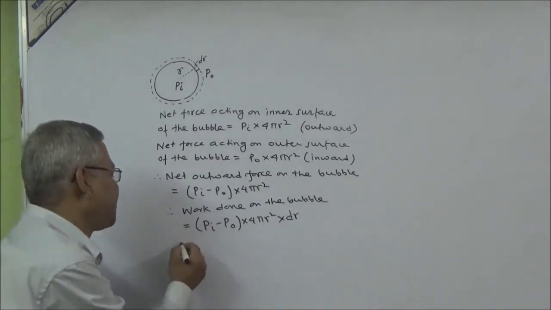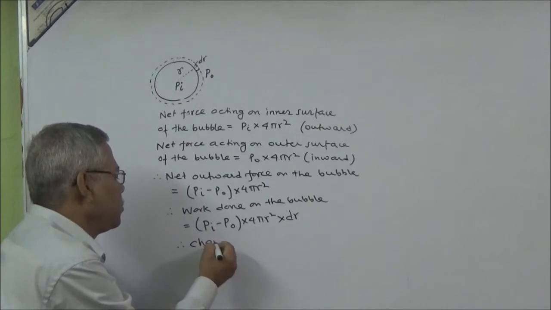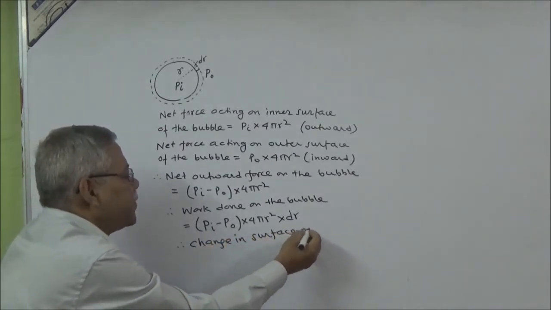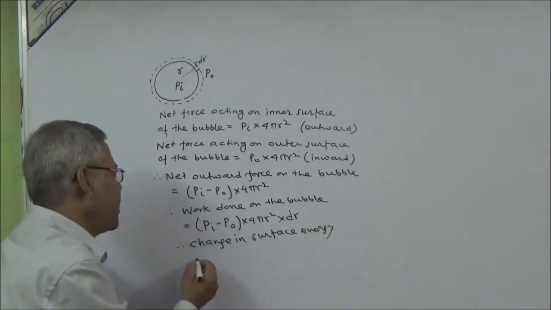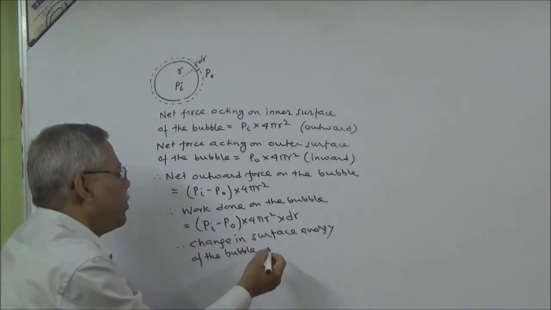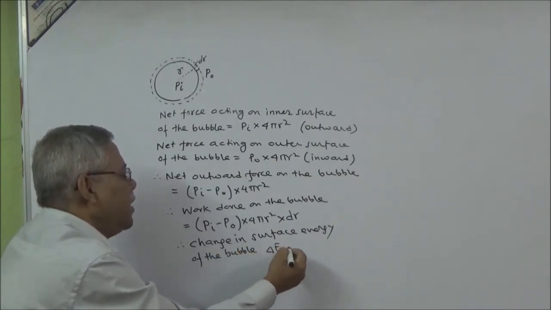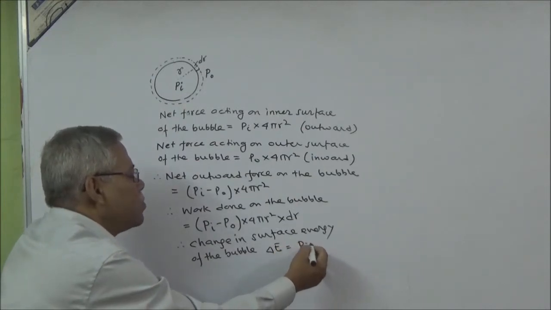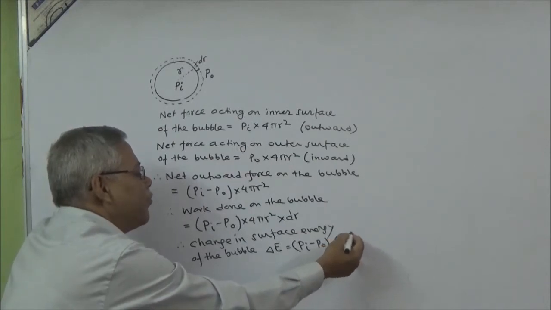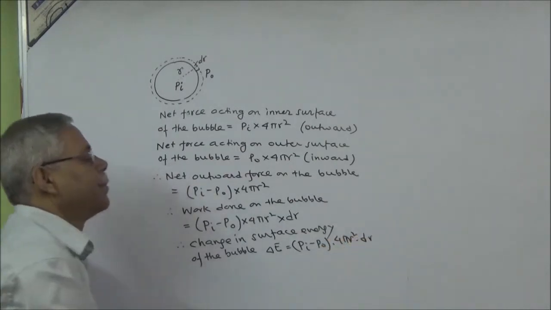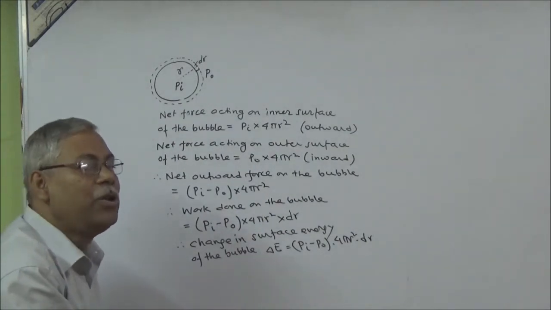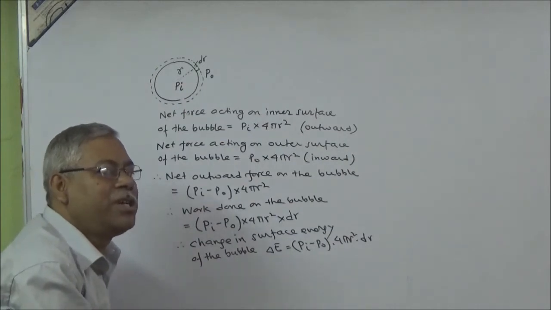Hence, change in surface energy of the bubble, del E, equal to (Pi minus Po) into 4 pi r square into dr. Now we know a formula for change in surface energy.